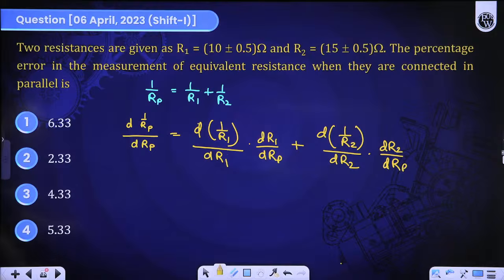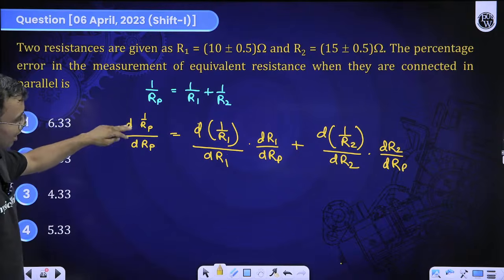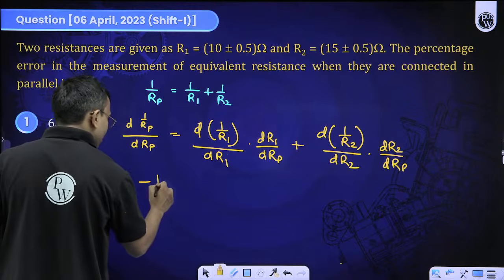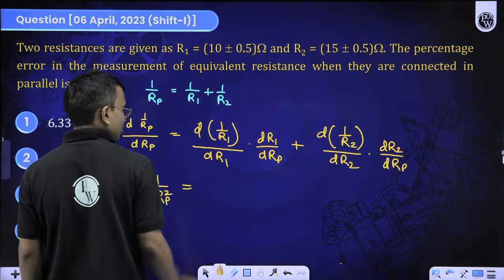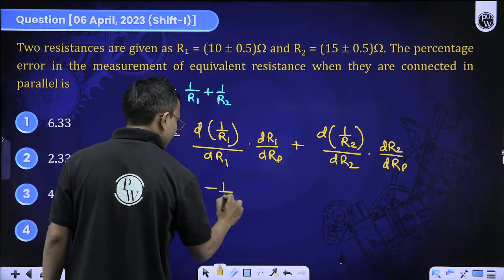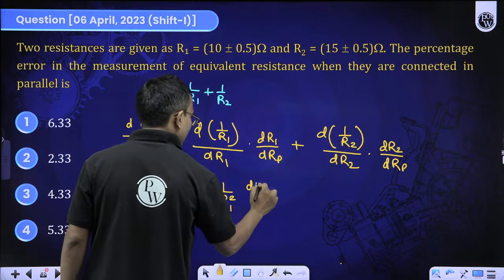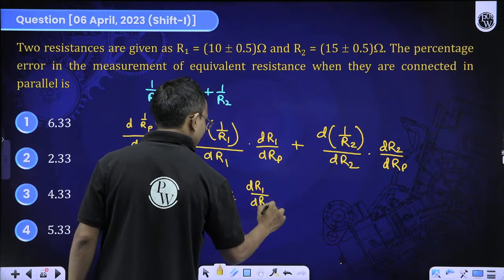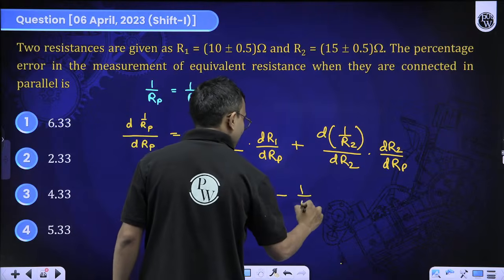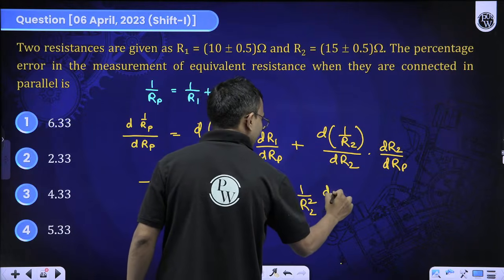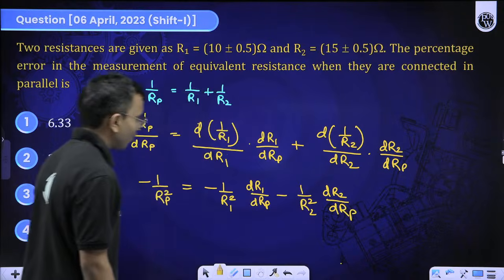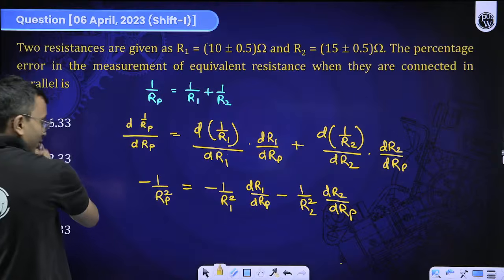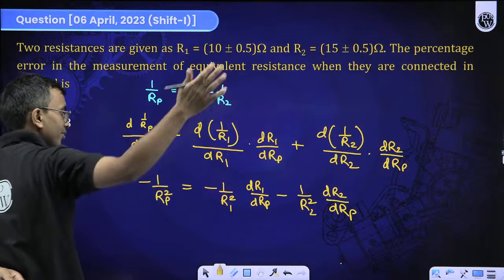Then differentiation of 1 by Rp is minus 1 by Rp square. Simple. Differentiation of 1 by R1 is minus 1 by R1 square, dR1 by dRp. Similarly, minus 1 by R2 square, dR2 by dRp. Now it is easy. dRp you can take on the left. Minus minus you can cancel. All will become plus.